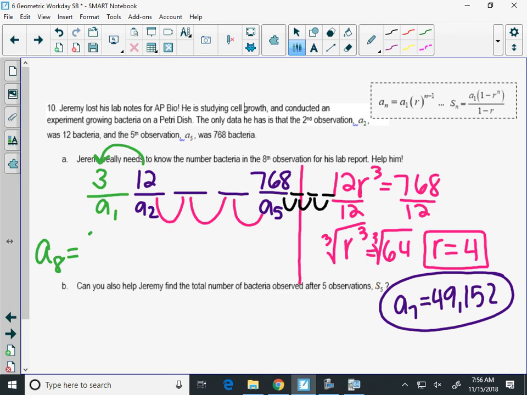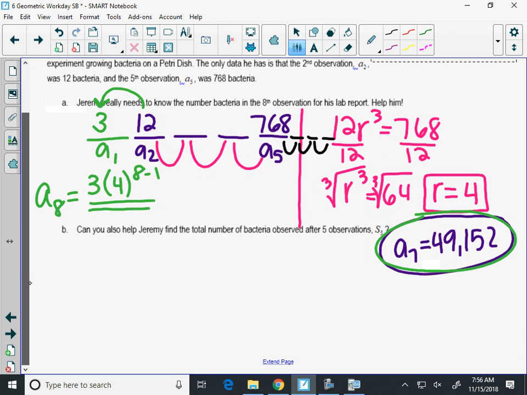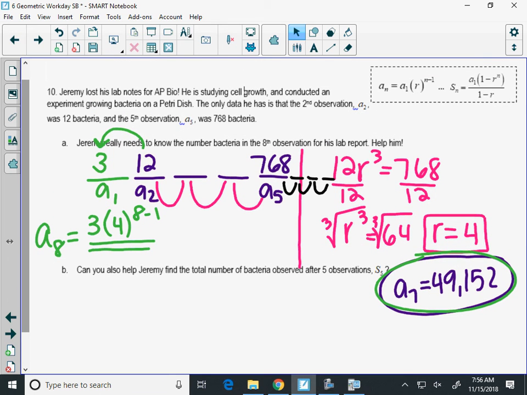Now I know the first term is 3. We're multiplying by 4 every hour, and I need to find the 8th observation. Again, if you typed this into your calculator, you would get the same value. So there are 2 ways to do that problem. I don't care how you do it, as long as you get the right answer. Either option is fine.